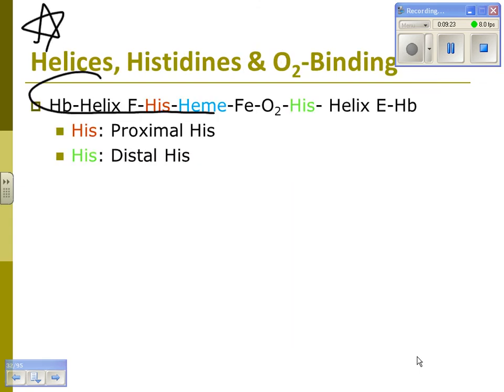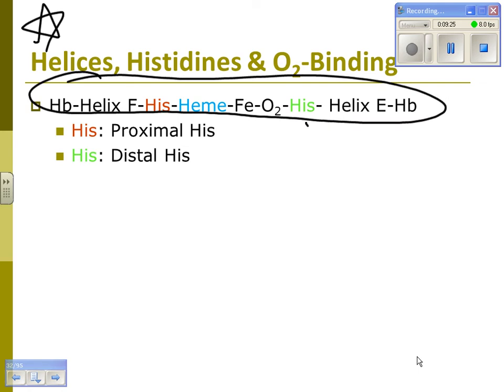Be able to write this out in order. There are some tests where he'll just mix up the order. So the big takeaways for a quiz, definitely, I could see him asking something like that. For a test, it's usually knowing the oxygen binds between helix F and helix E.